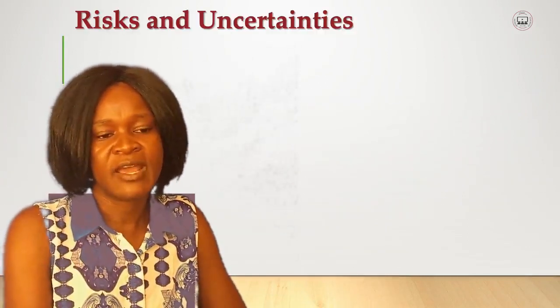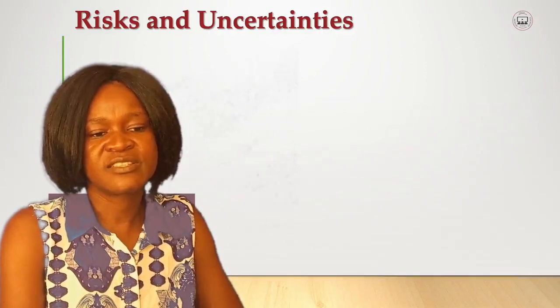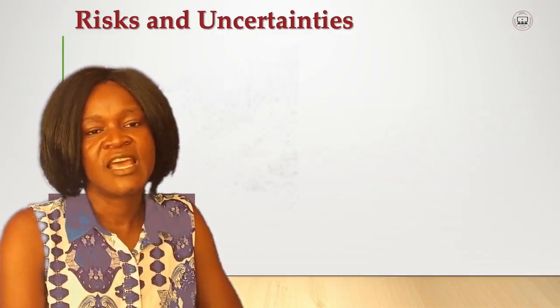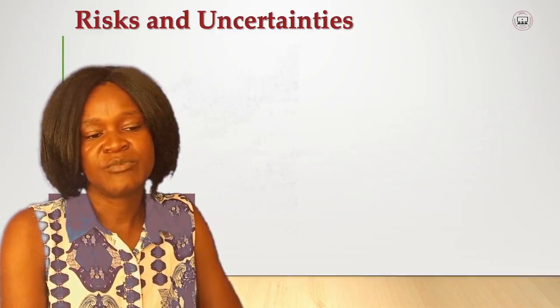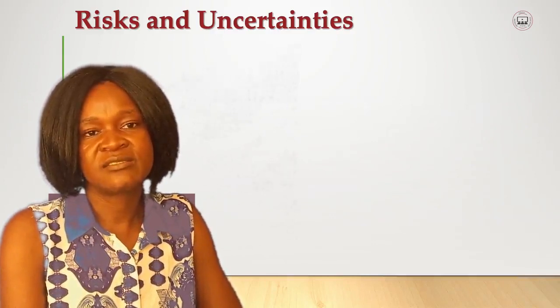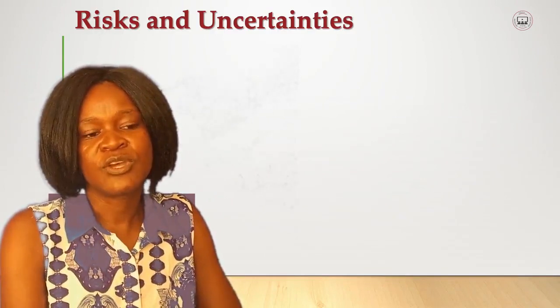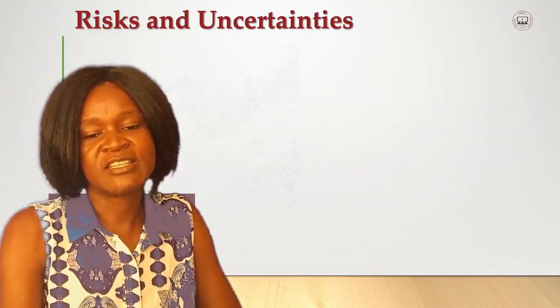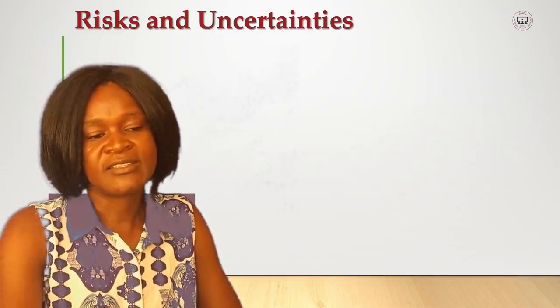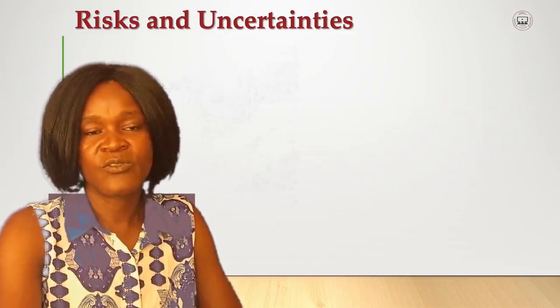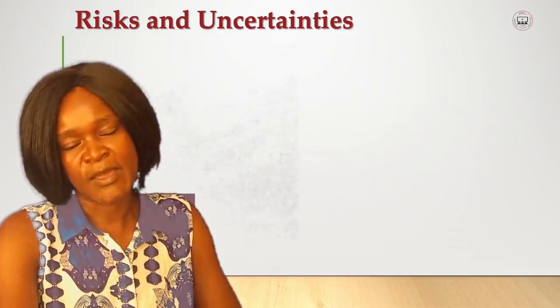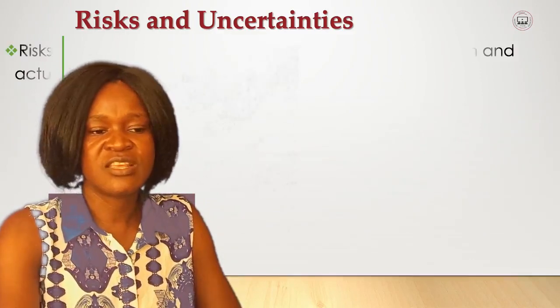Another minor factor of production is risks and uncertainties. There is a difference between risks and uncertainties, though most people combine the two terms. Though one may lead to the other, in terms of definitions they differ.